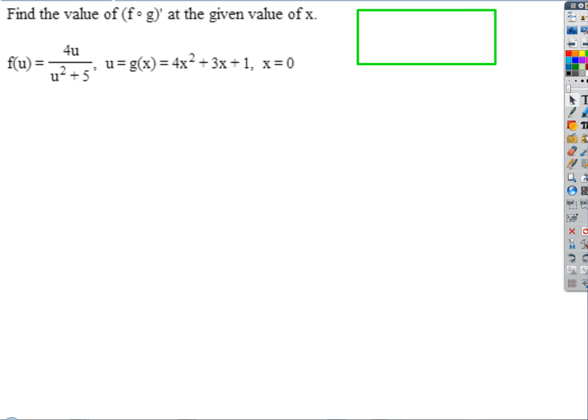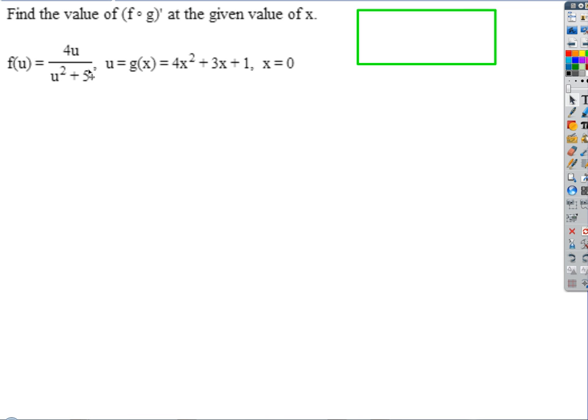And so if u is defined as this function of x up here, this polynomial, and f is defined in terms of u as a quotient, then this is kind of a big ugly problem, isn't it?